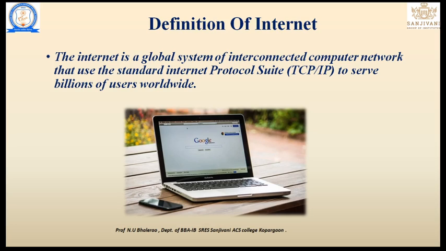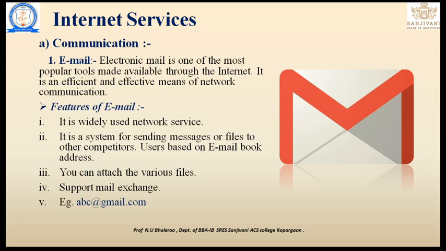This is the standard definition found all over Wikipedia, which shows that internet is the connectivity of n number of computers, and TCP/IP are the two major protocols required to connect to the internet. The internet has n number of advantages and disadvantages. In today's video module, we understand the basic part of internet, and how important it is to us. Right. In the next slide, we are going to understand some of the important internet services.